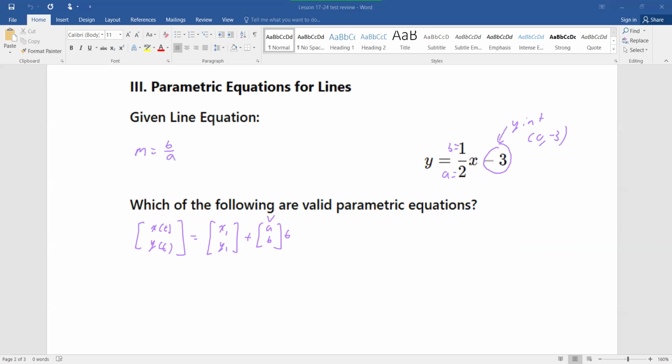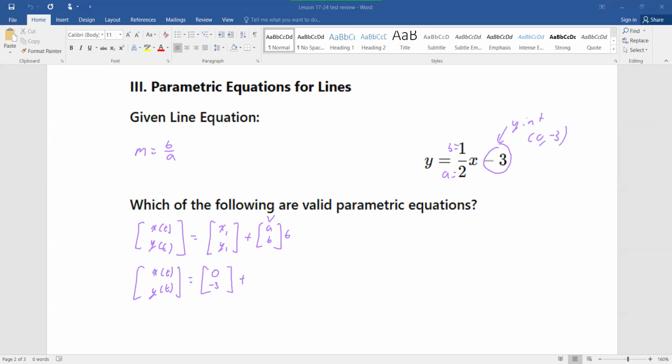All right. Once you have all your information, we're just going to rewrite this. So x of t, y of t would equal the point, and I'm going to choose the y-intercept. But just like in the last question, you can technically pull any point that's on this line, and it will work. So this will be 0, this will be -3.